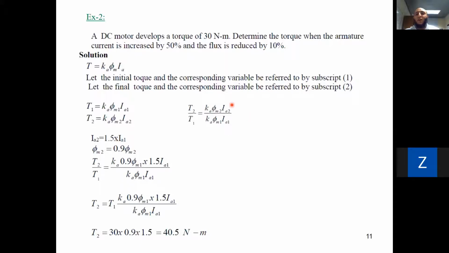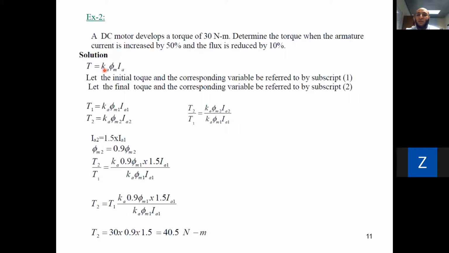So simply, شباب, we have the relation of torque equal to K, machine constant, multiplied by phi IA. So we can get the relation between torque and phi and I. Phi is a function of the field current, and Ka depends on the machine constant, which is almost constant for all kinds of operations.